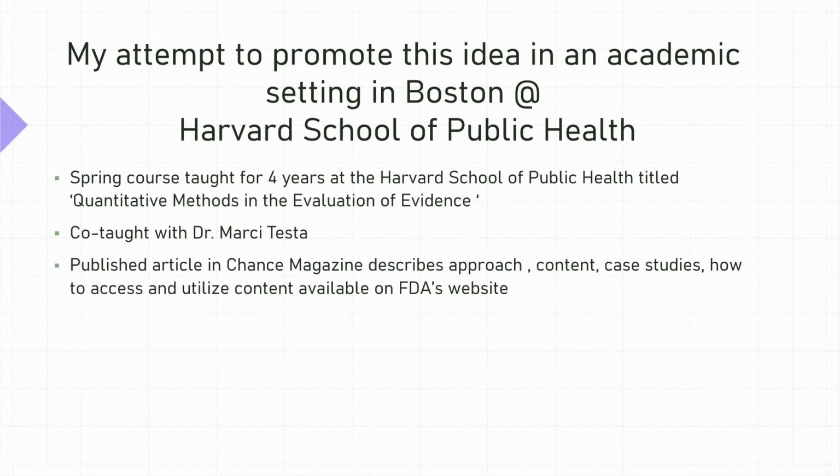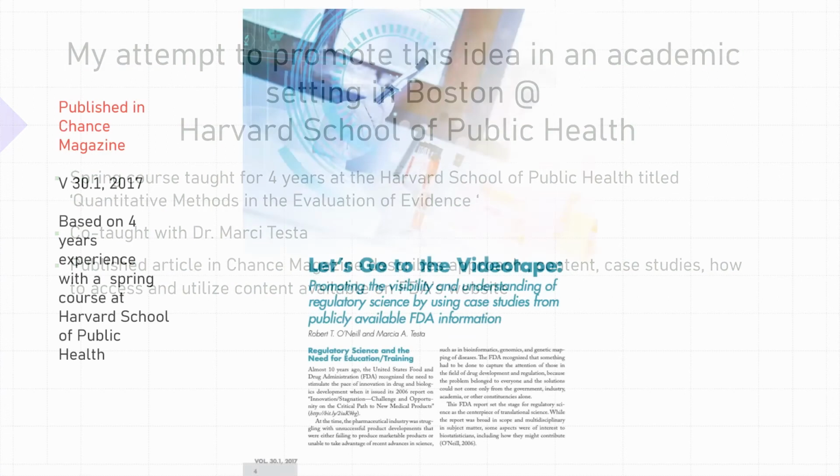And I co-taught this with Marcia Testa. And we wrote an article in Chance magazine that described the approach, the content, the case studies, and how to access and utilize content available on FDA's website. It was intended to help academics, professors find material that they could incorporate into their classwork.